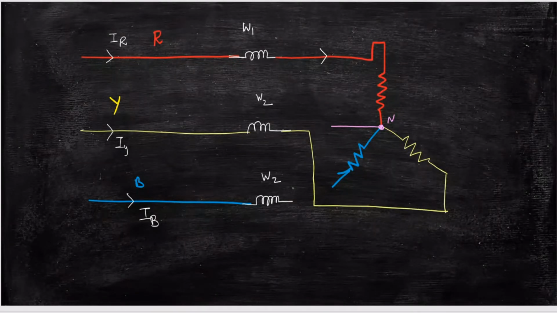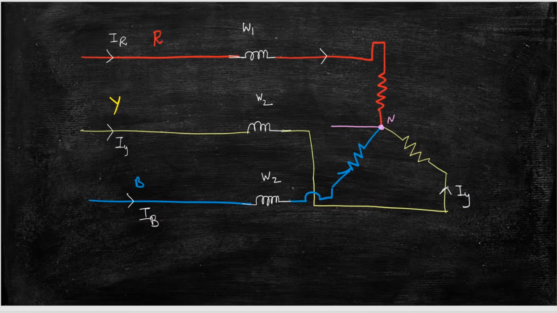I have to represent the current as IY. It is going through the current coil of wattmeter 2. Similarly, the B phase current IB should go into the B phase like this. So now IR, IY, and IB are going into the R, Y, B of the load.